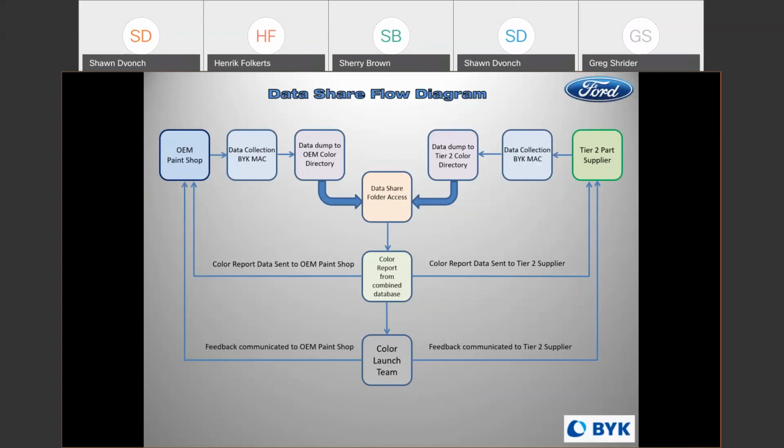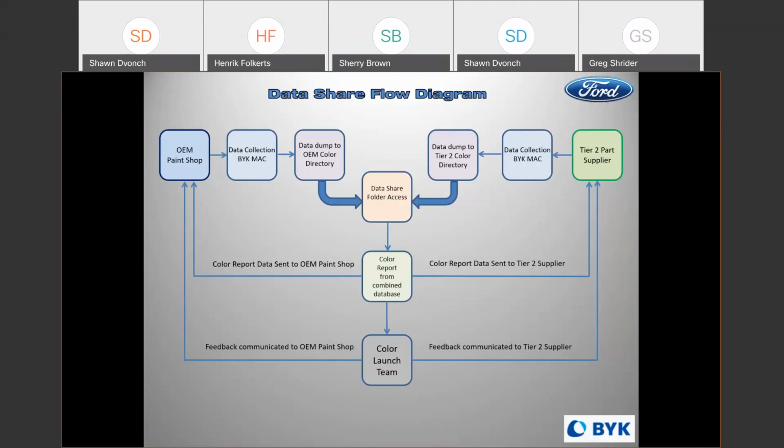If we're at the OEM paint shop, which is where I am today, Michigan Assembly Plant for Ford Motor Company, we would collect data from our pilot builds or our normal production builds, and then do a data dump into our OEM color directory.